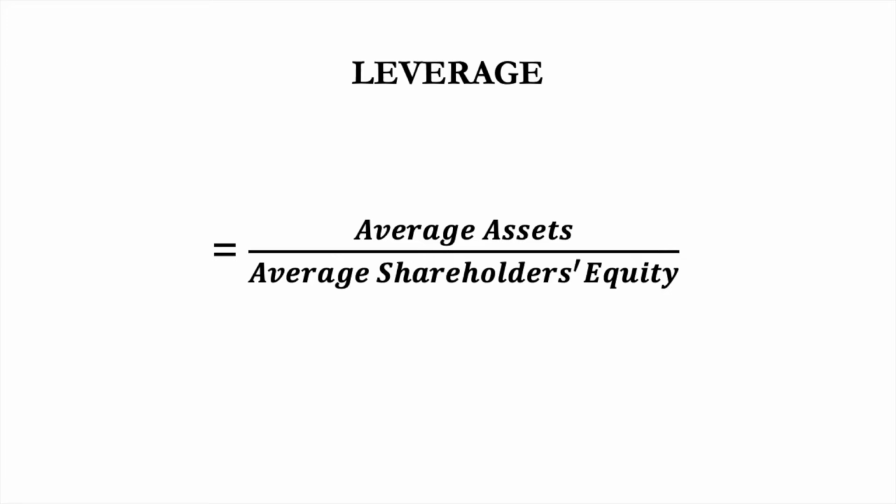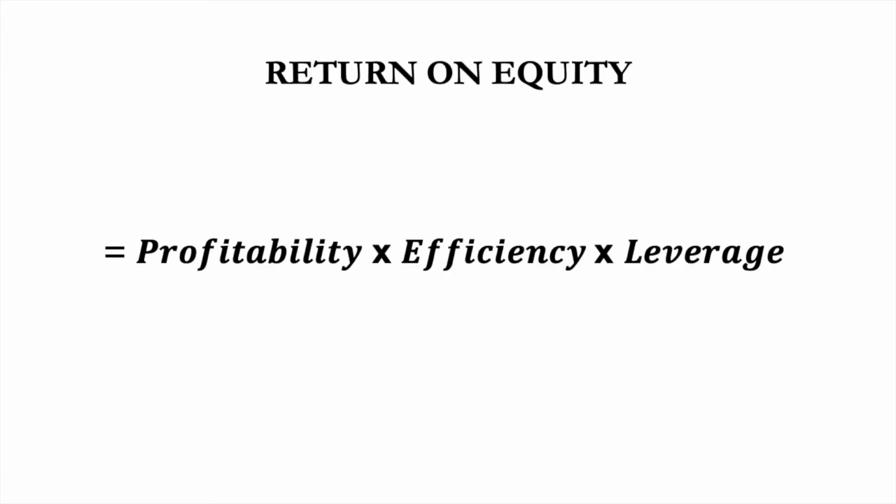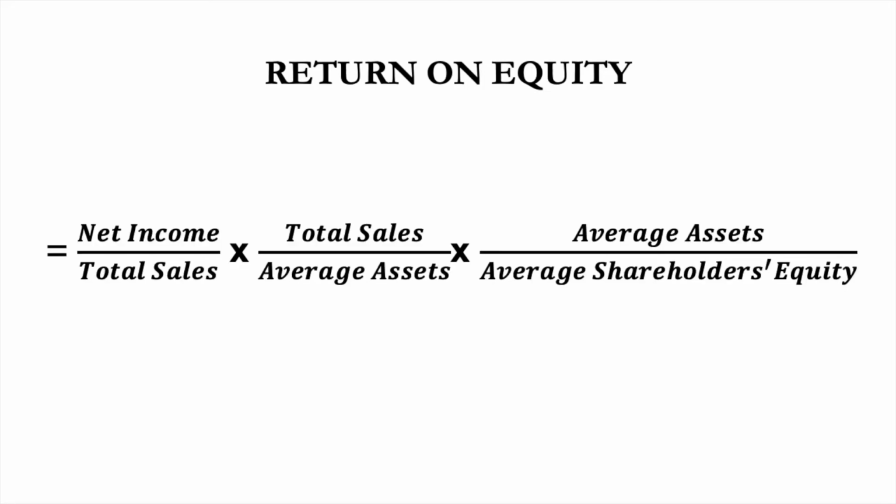And now let's put these three components together. We're going to take profitability, efficiency, and leverage, and we're going to multiply those three components together. So when we do that, we end up with net income over total sales multiplied by total sales over average assets multiplied by average assets over average shareholders' equity.